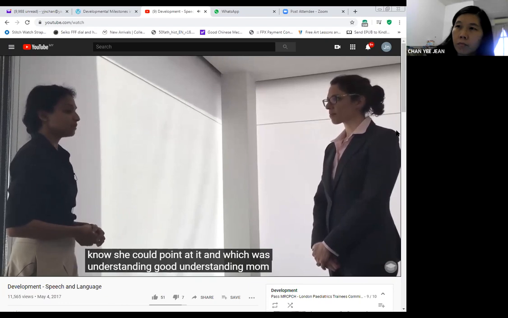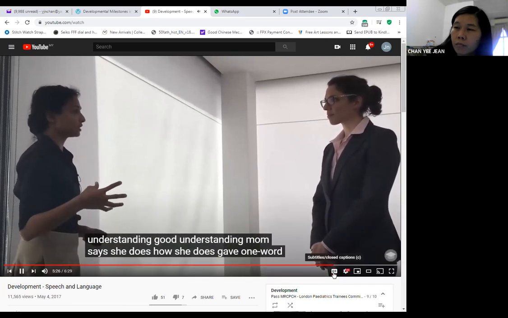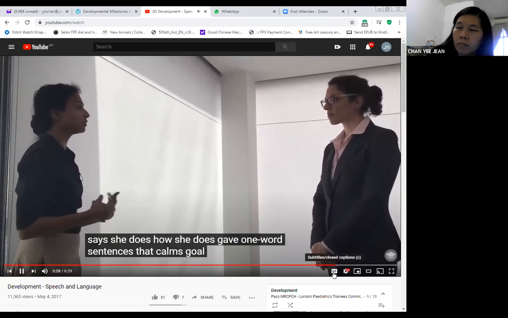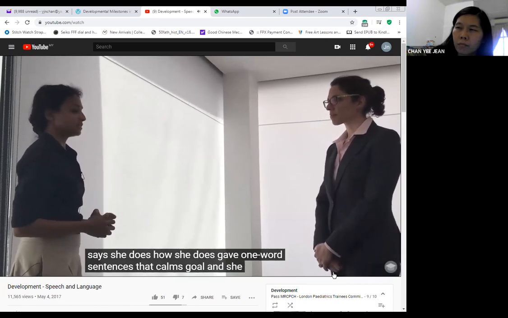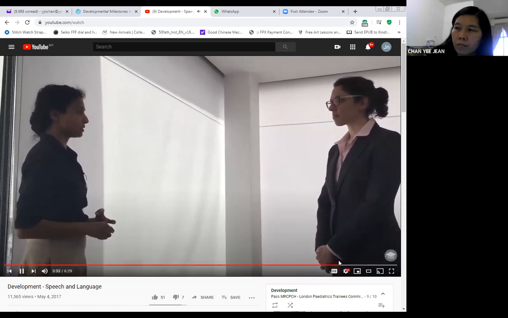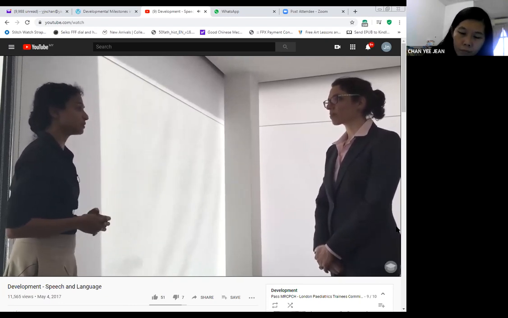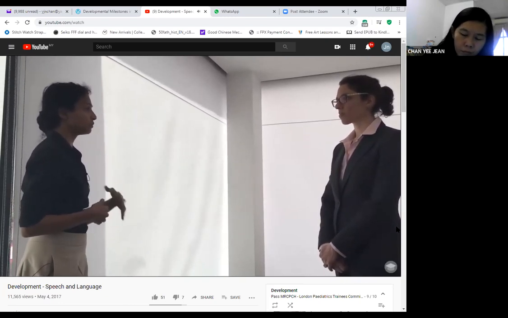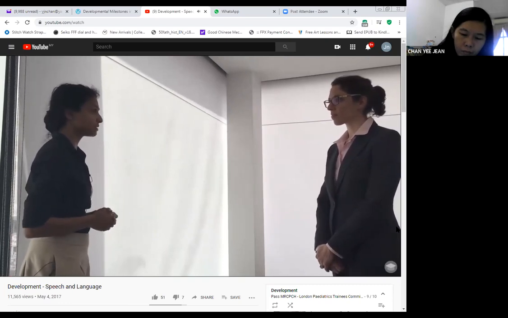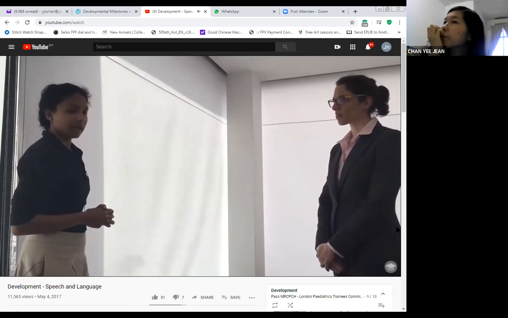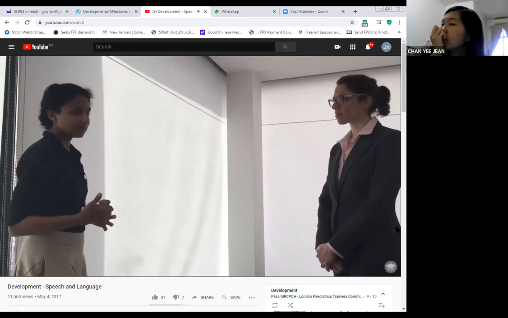Good understanding. Mum says she does say one-word sentences such as come, go, and she does seem to understand. Mum also said if I showed her the duck, she would say quack. So she seems to understand what an object represents, and she does also sing as well.